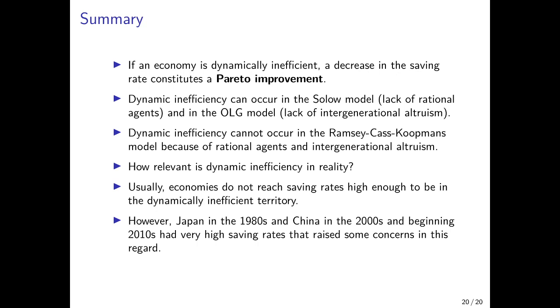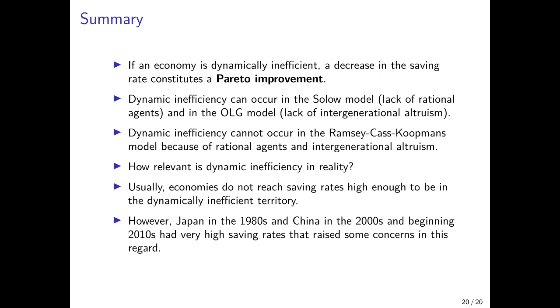So the saving rate could be 1, which is clearly irrational, but it would be possible in the model. So nothing prevents the saving rate from being so high. And it can occur in the overlapping generations model, although there are rational individuals making the decisions, but there it could occur because of the lack of intergenerational altruism, that people don't care for the next generation and that an increase in capital decreases the interest rate for the next generation.